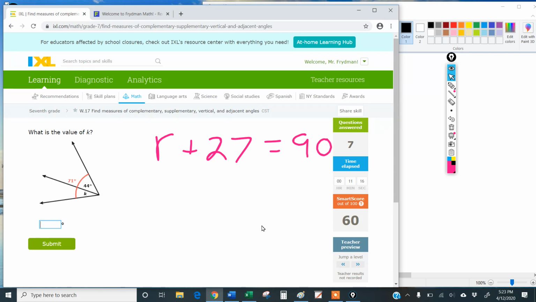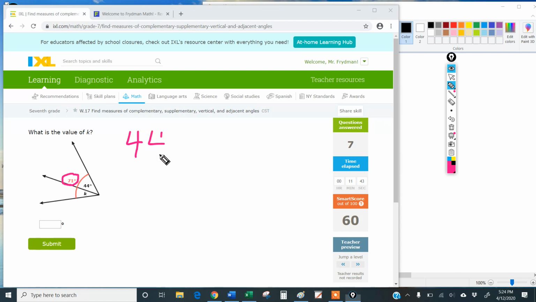What is the value of K? Okay, so this one is a little bit different from what we've been seeing before, but not much different. This picture is telling me that this 44-degree angle put together with angle K equals 71 degrees. In other words, we're saying that 44 plus K equals 71.